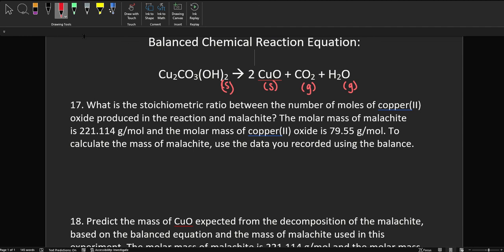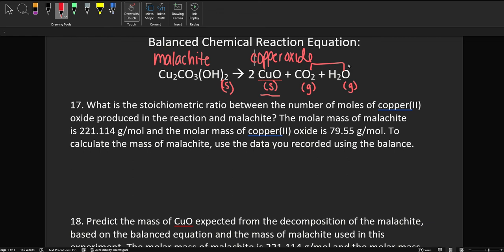I have malachite right here, and then I have my copper oxide right here, this solid. These other two components are some easier, more common compounds that you already know about: carbon dioxide and water. These are actually in the gaseous state.